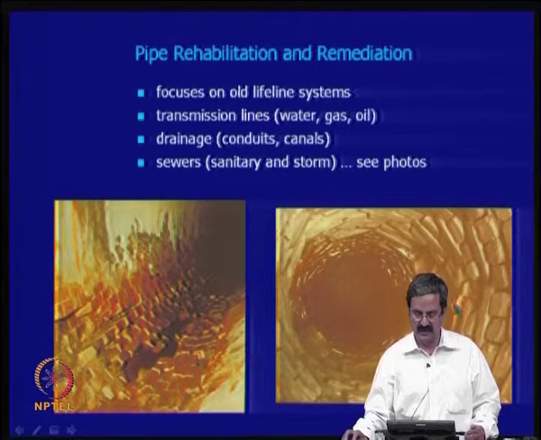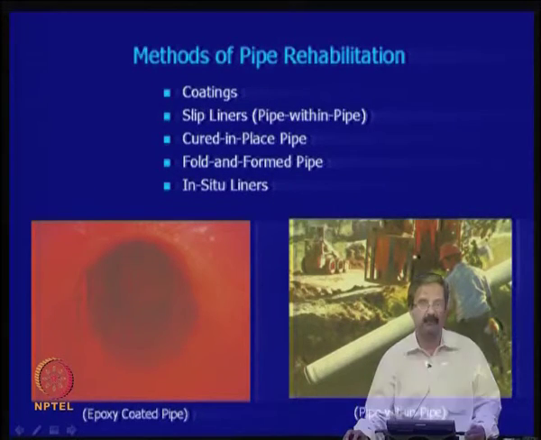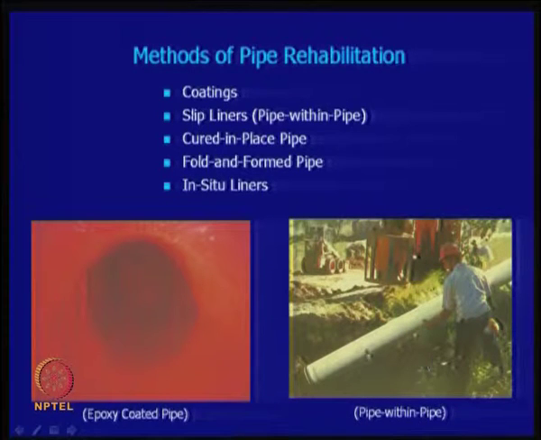So, what we do is we try to line them with coatings, slip liners, cured-in-place liners, and in situ liners like pipe within pipe. So, there are so many techniques that one can have, and now I would like to show how materials like fibers and tapes are made.